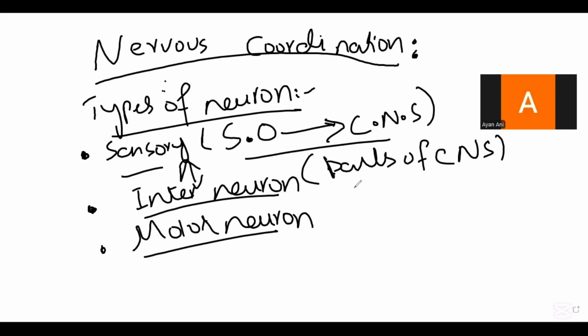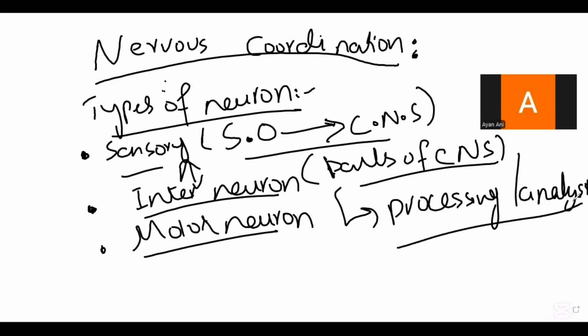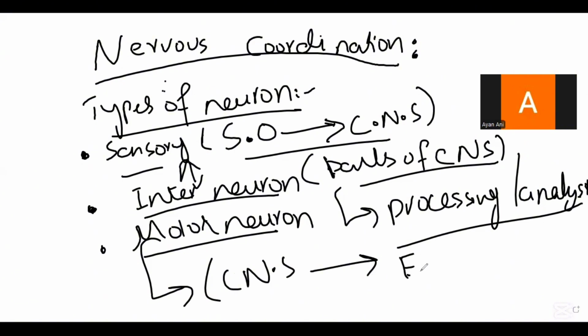So the function of interneurons is to relay information among different parts of the central nervous system for processing and analysis. After that come the motor neurons. The function of motor neurons is transmitting information from the central nervous system to the effectors.